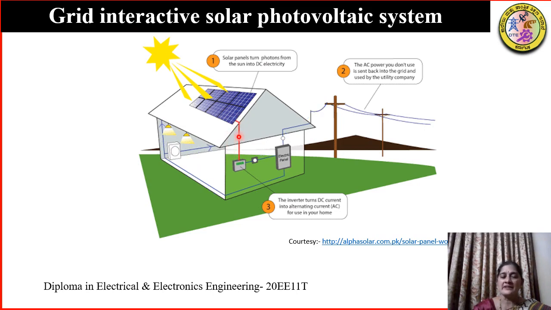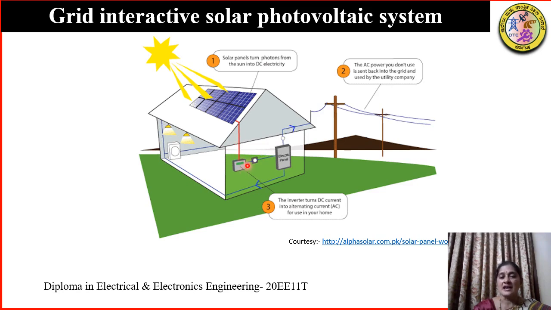Now, in case there is a DC load, then DC is directly supplied to the load. But generally the loads are AC. So just like a standalone system, there is an inverter in a grid interactive system also.